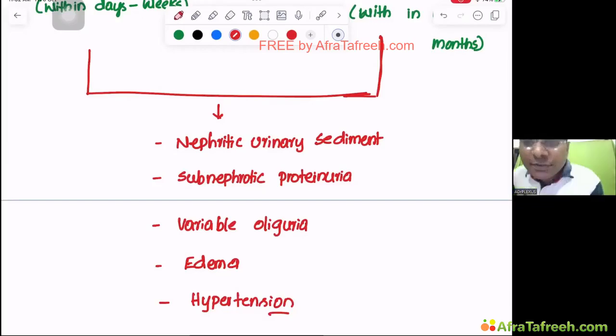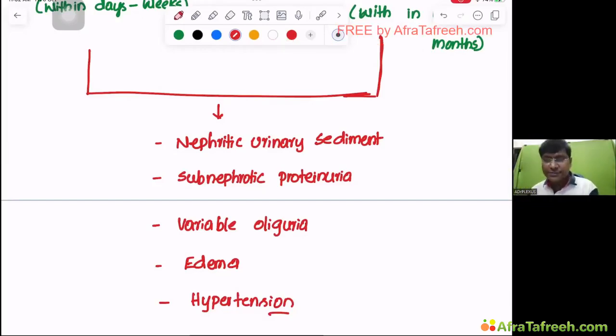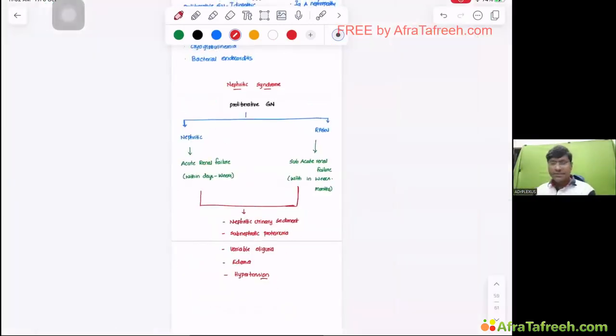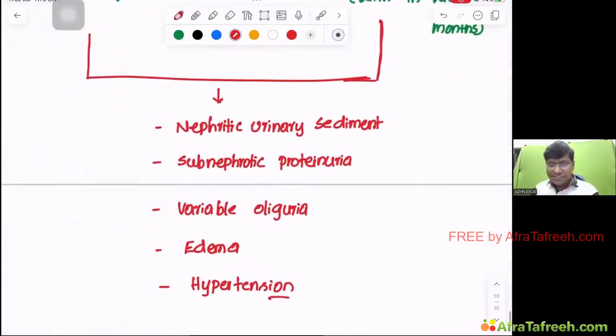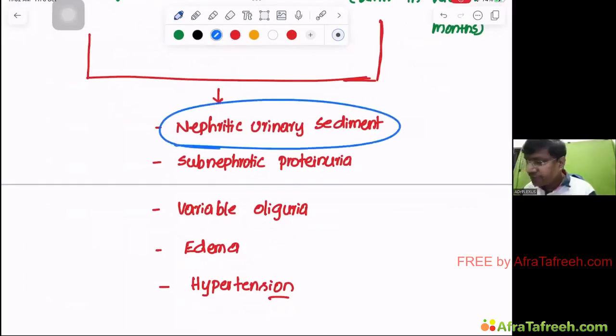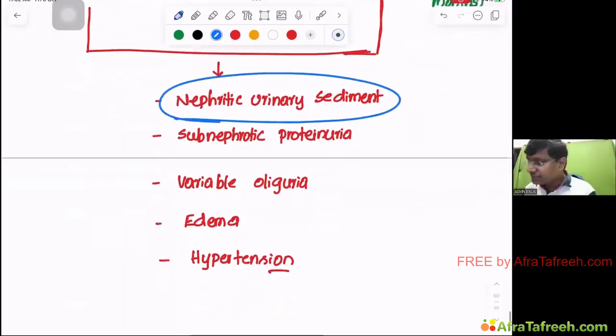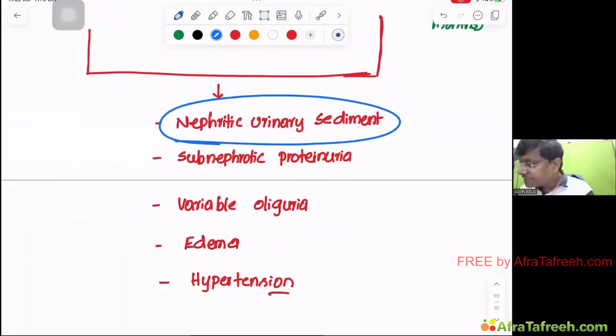Okay. So these will be the manifestations in case of the proliferative glomerulonephritis. So both of them together, we have nephritic syndrome and RPGN. Now, to call it RPGN specifically, there are two criteria. Before that, what does the nephritic urinary sediment contain?